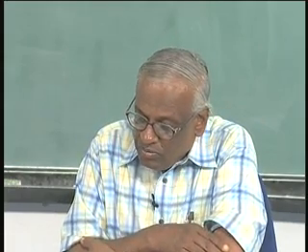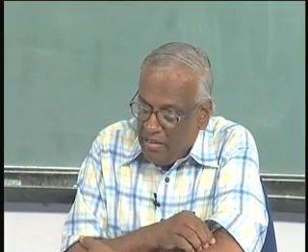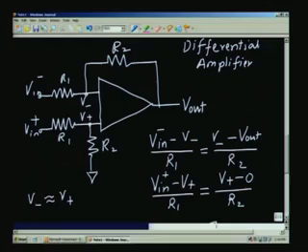That is number one. Number two, if you look at this carefully, sometimes what we do is we simply have what is called a voltage follower, which is a unity gain amplifier. What is the advantage of that? If you have a unity gain amplifier, the input impedance is very high.